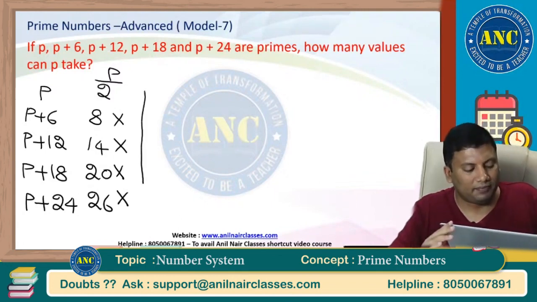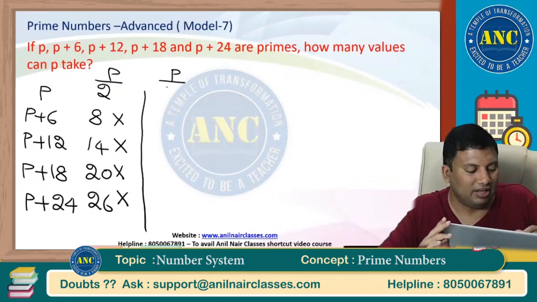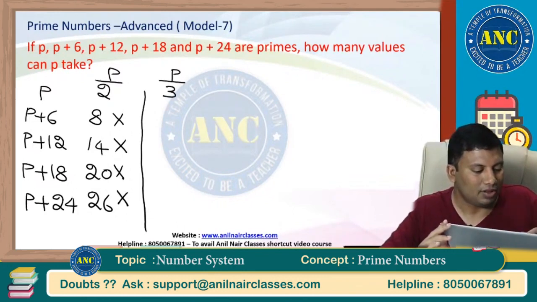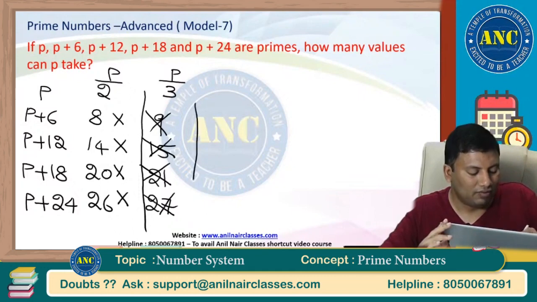These are all even numbers. Other than 2, there is no number which is even. If it is 3, 3 plus 6 is 9, 3 plus 12 is 15, 3 plus 18 is 21, 3 plus 24 is 27. All are divisible by 3. So this also will not work.